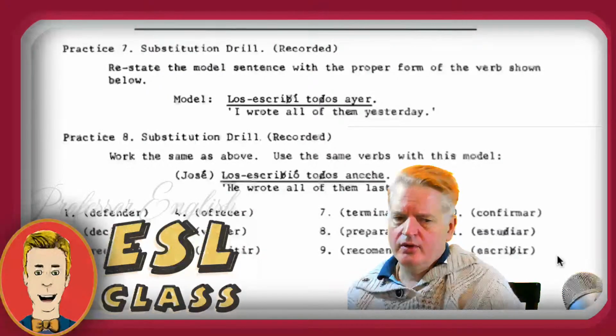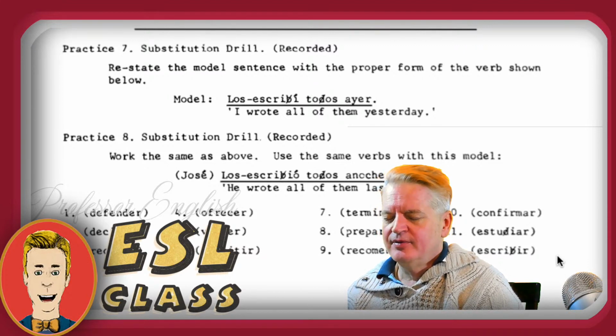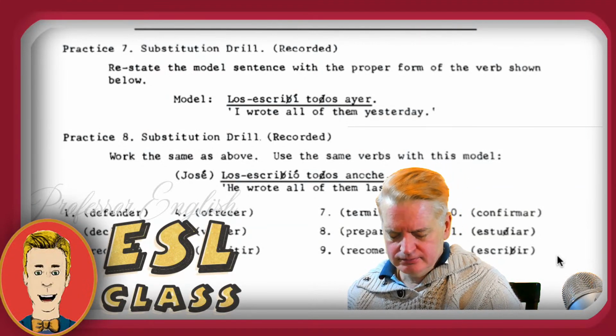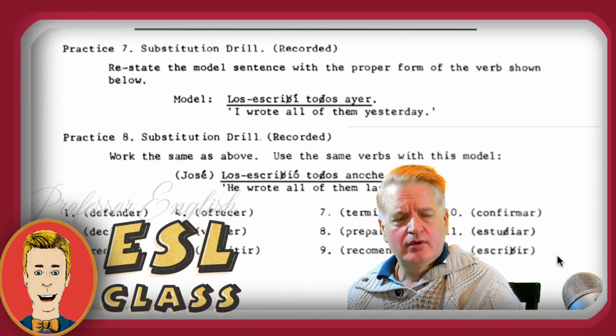Los permití todos ayer. Number 7. Terminar. Los terminé todos ayer. Number 8. Preparar. Los preparé todos ayer.